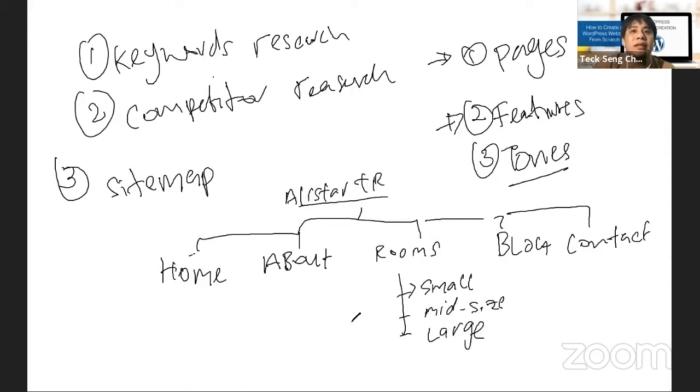This is how you expand out. You can also expand to many other pages. So these are things that you can do on your sitemap itself. So understanding all these, you can actually create all these pages onto your backend later.